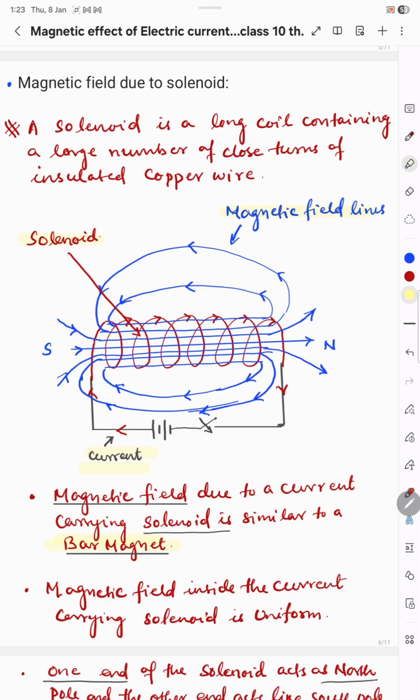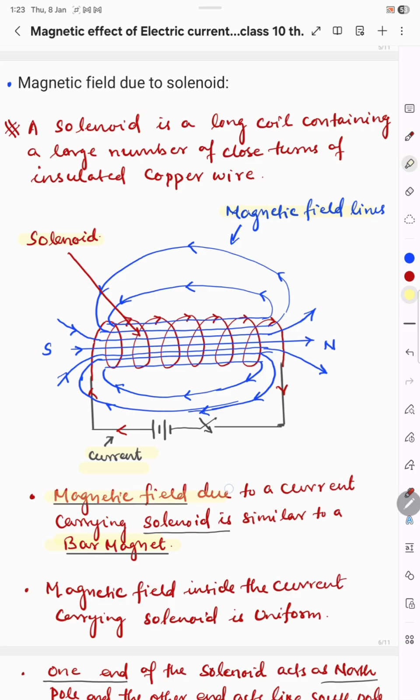Now if you notice at the center, the lines are going in parallel to each other. So this shows that the magnetic field due to a current carrying solenoid is uniform at the center. Now this solenoid is basically behaving like a bar magnet.